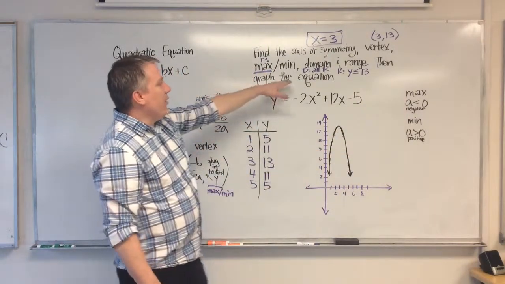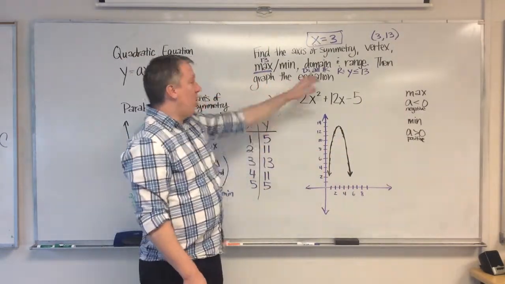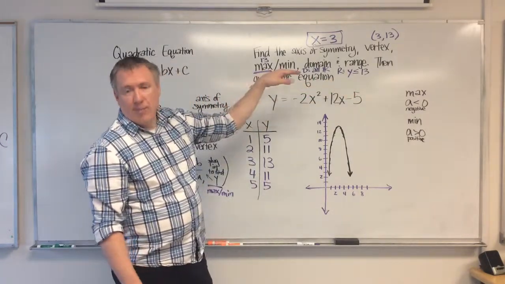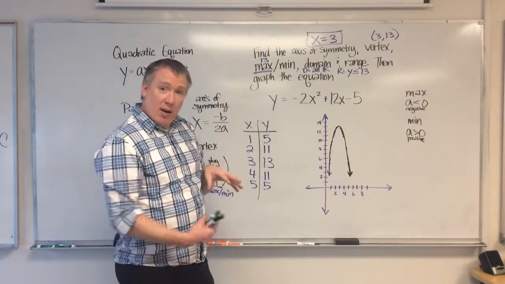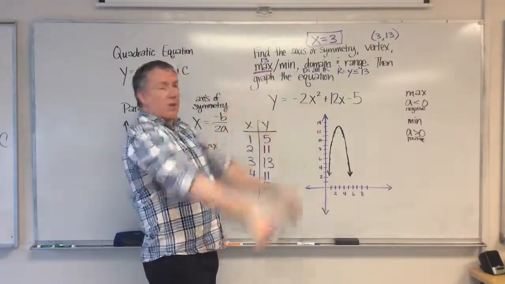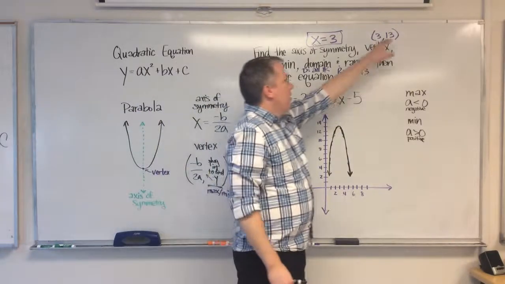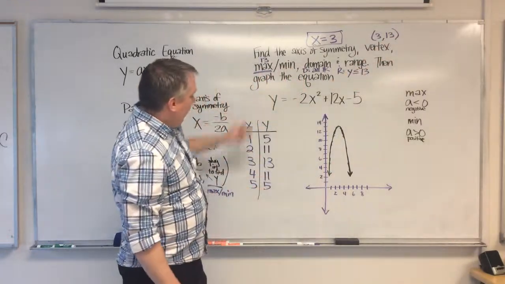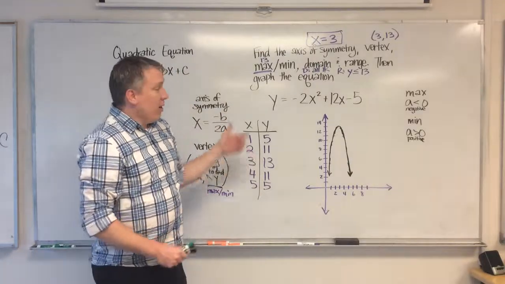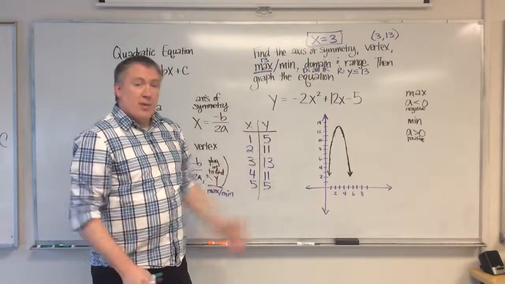And then the domain for these ones in this unit is all real numbers, and the range is dependent on whether it's a max or minimum. If it's a max, it's less than or equal to, because it's got to be under the max. If it's a min, it's greater than or equal to whatever that y is in the vertex. And then to graph, you start with the vertex and expand the points from there. And so there you go. That's pretty much 80% of Chapter 9.